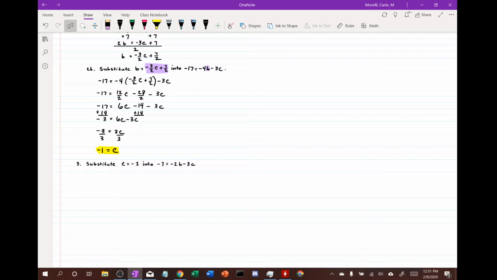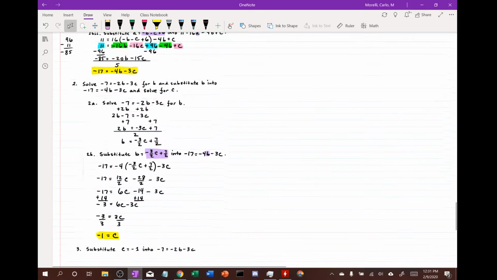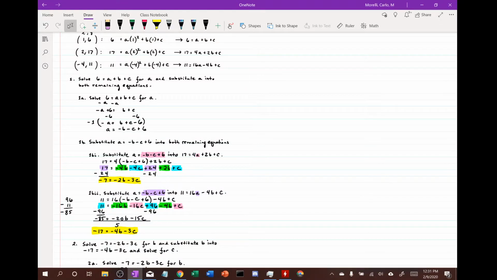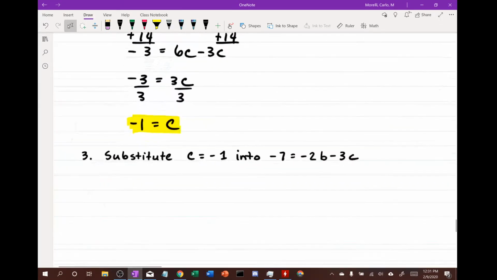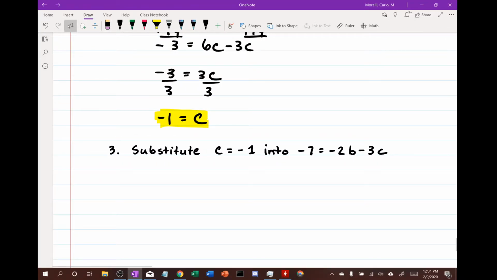Good. So I'm going to substitute in C equals -1 into -7 equals -2b minus 3c and solve for b. So -7 equals -2b minus 3, open parentheses, -1, close parentheses.